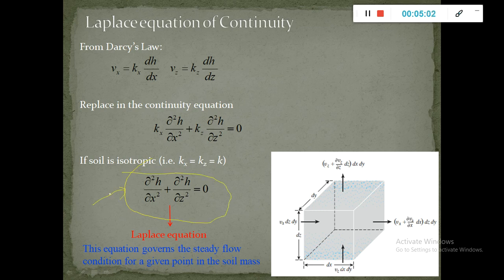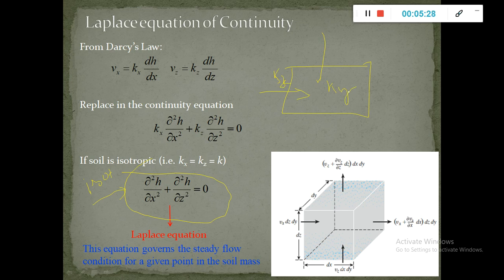This Laplace equation is valid for isotropic soil, right? Now the question arises, what is isotropic soil? Isotropic soil means, suppose this is a soil element, it has a permeability in the y direction, it also has a permeability in the x direction, kx, right?